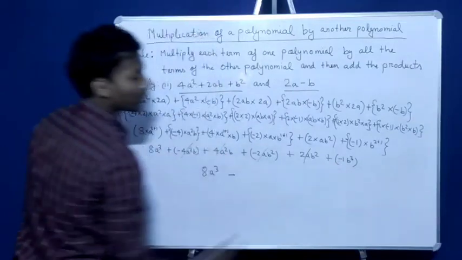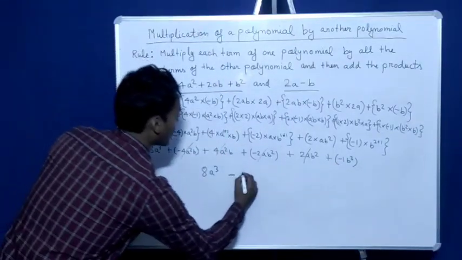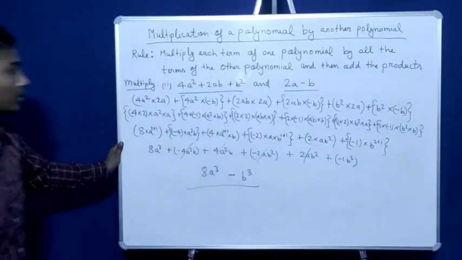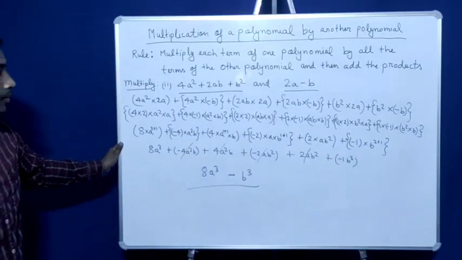Now even if you don't write 1, no problem, so we can directly write 8a cube b cube. So this is the answer.